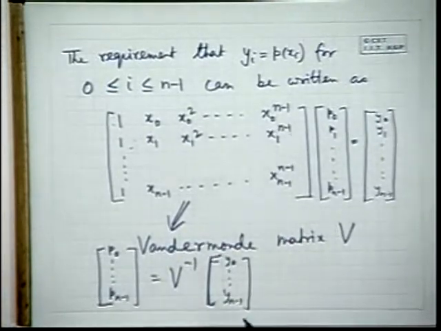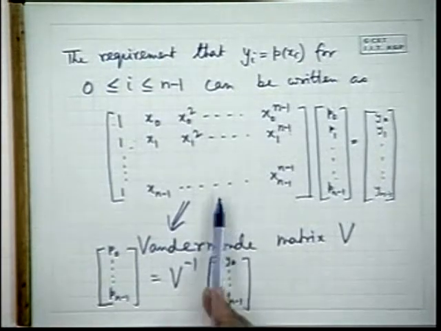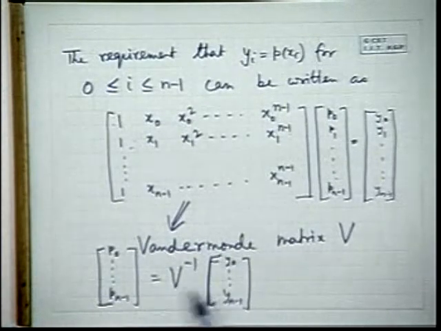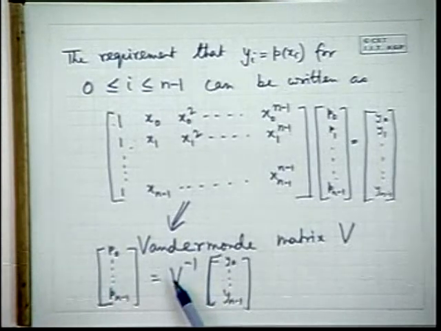If we know how to compute the matrix inverse, then we know how to compute these coefficients. We will see that matrix inverse can be done in order n cube with straightforward matrix multiplication, but this can also be improved, and we will see how.